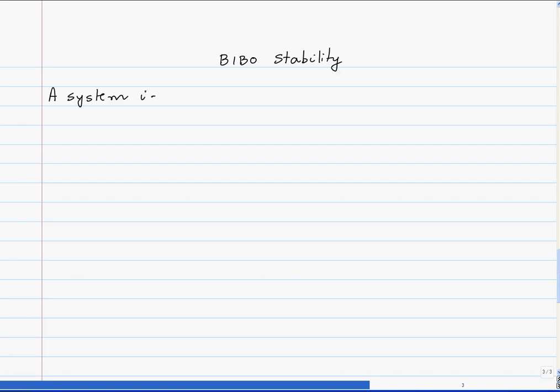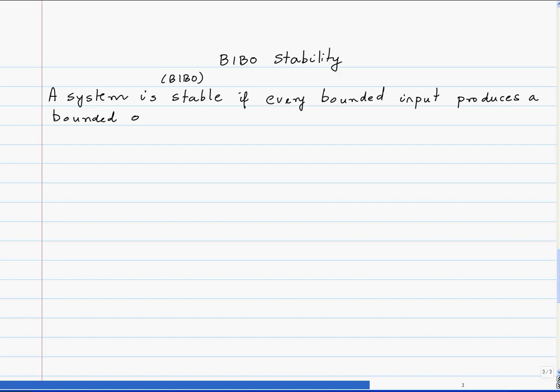We say that this system is stable, or is BIBO stable, if every bounded input produces a bounded output. Notice that the input and the outputs to my system are signals. So if every bounded input signal produces a bounded output signal, then we say that the system is stable.